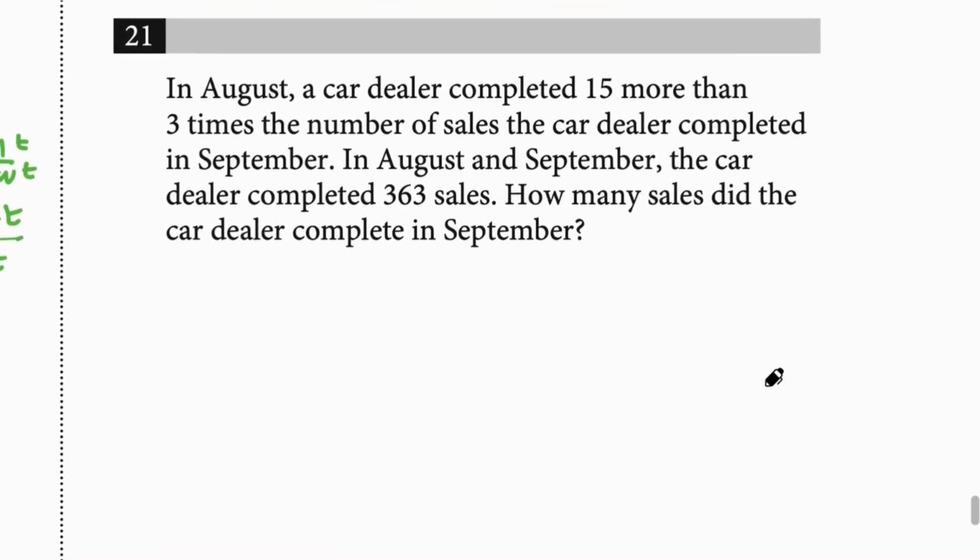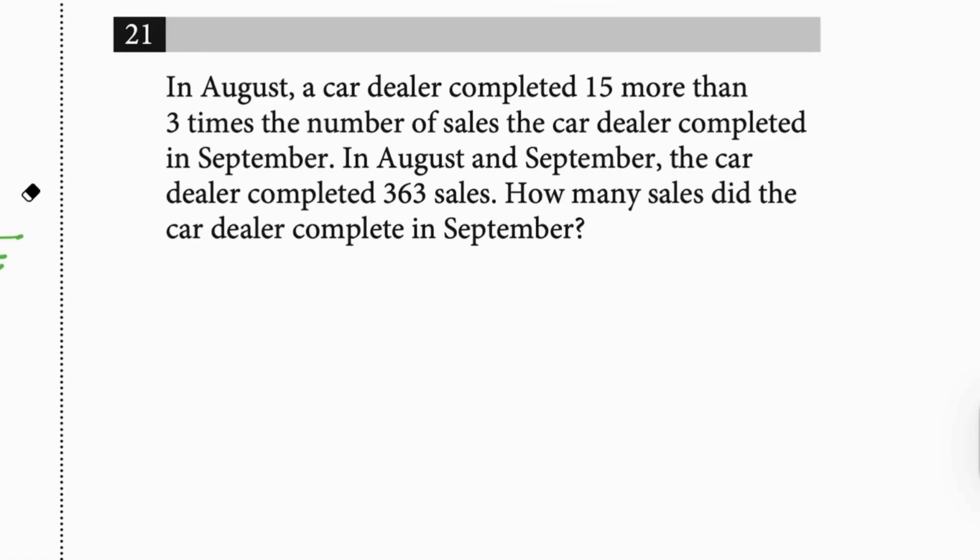Okay. Let's come to question number 21. In August, a car dealer completed 15 more than 3 times the number of sales the car dealer completed in September. So here these are word problems. Friendship time. Listen to the question in the same way as you listen to your friend, and try to convert the English language into mathematical expression.